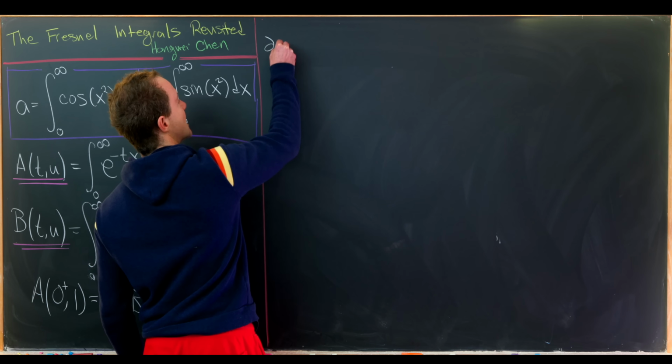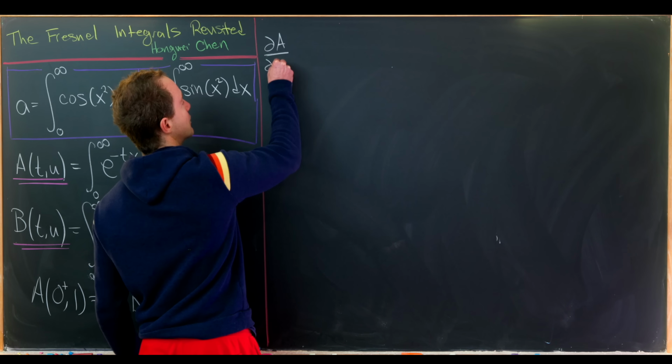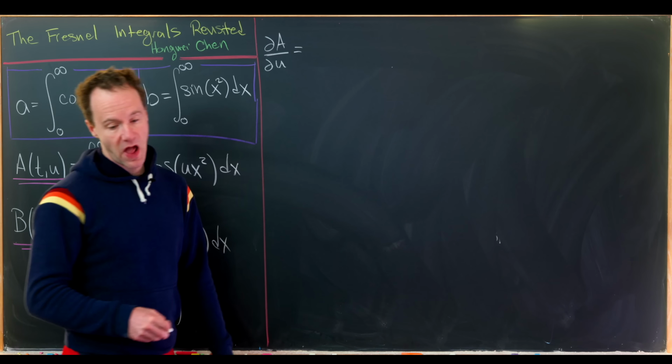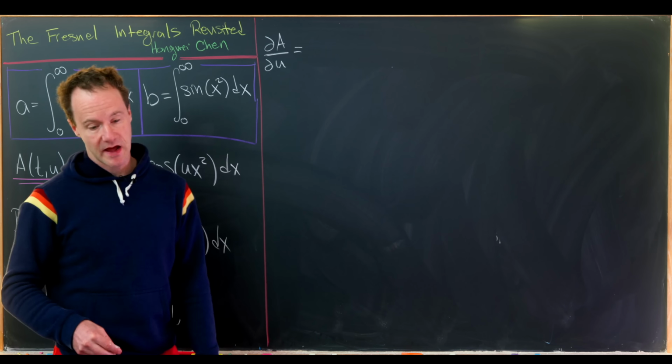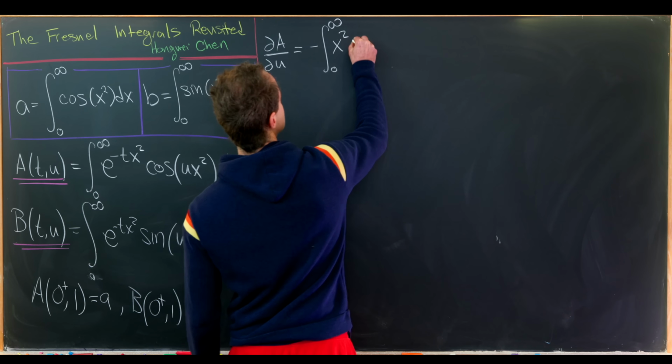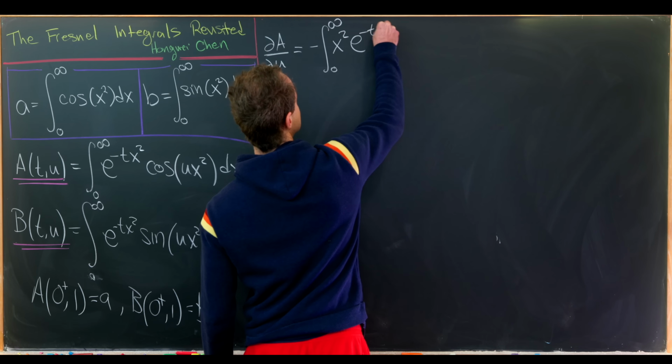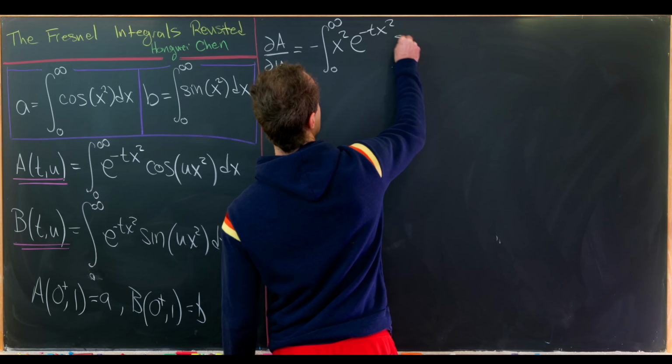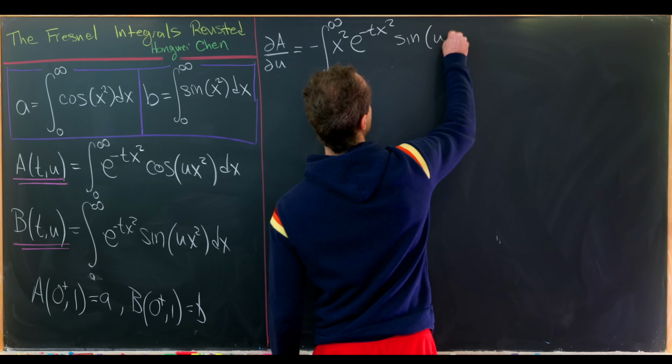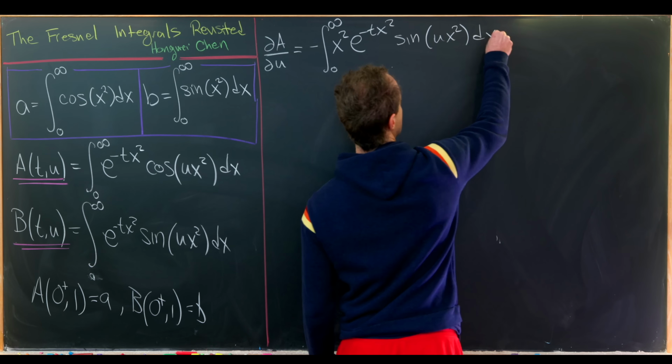Let's first take the partial derivative of A with respect to u, and let's notice that is negative the integral from 0 to infinity of x squared times e to the minus t x squared times sine of u x squared dx.